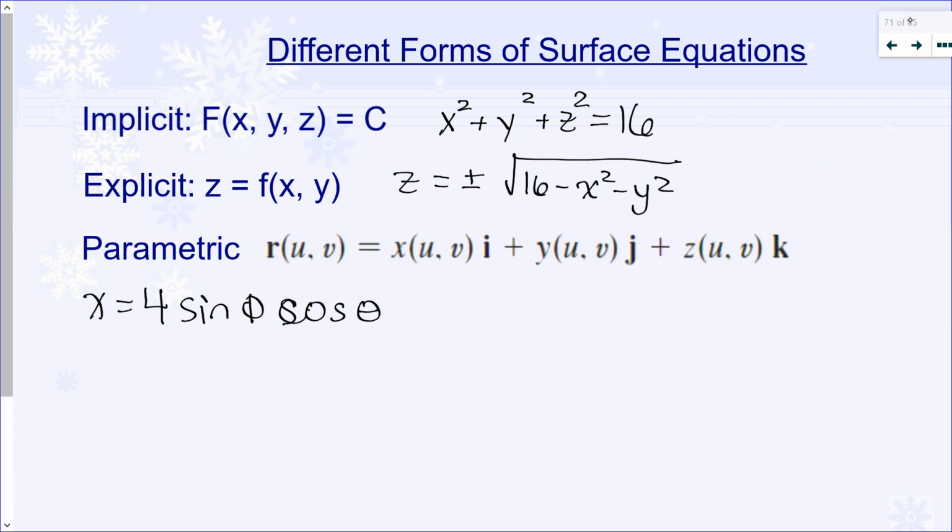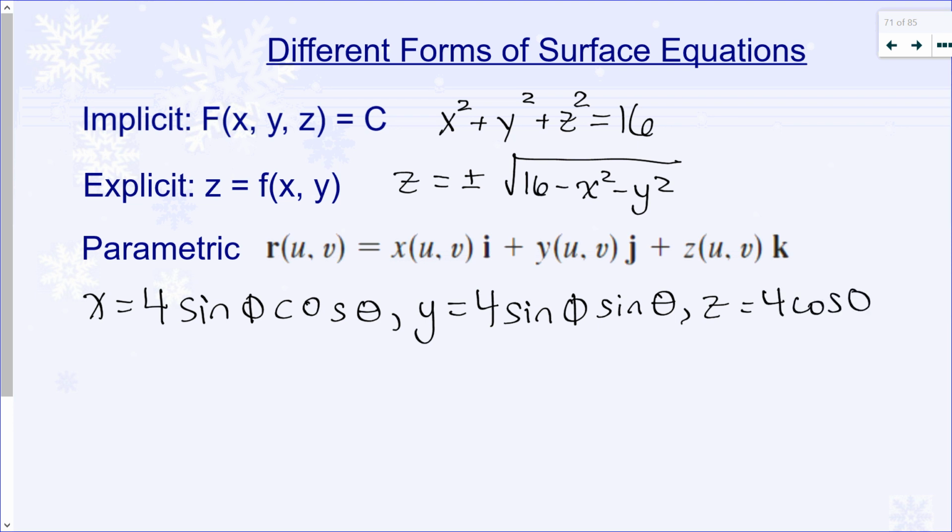If you look back through our definitions of spherical coordinates, it would just be rho sine phi cosine theta, but here we're plugging in 4 for rho because it's a sphere of radius 4. Y would be 4 sine phi sine theta. And then z would be 4 cosine phi.